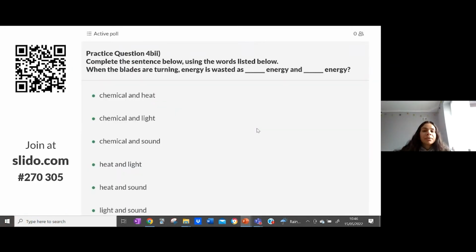So complete the sentence below using the words listed below. When the blades are turning, energy is wasted as something energy and something energy. So chemical and heat, chemical and light, chemical and sound, heat and light, heat and sound, or light and sound.